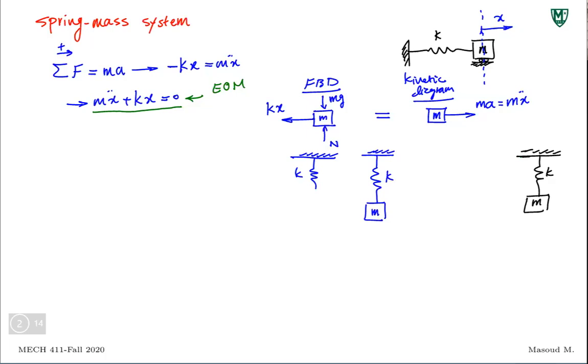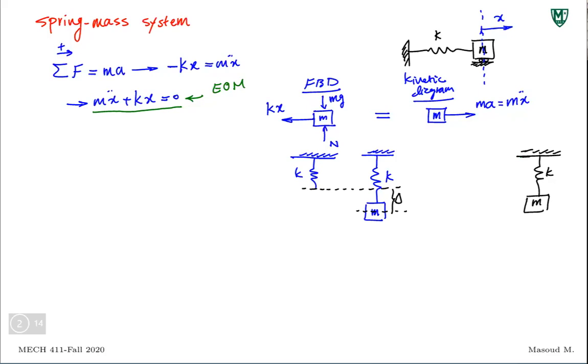What happens is that the spring is going to be stretched a little bit. The first one on the left is where the spring is in its undeformed shape. This one is when the spring is stretched. I'll call that amount delta. Now it's standing there, not oscillating. So this is a static equilibrium.